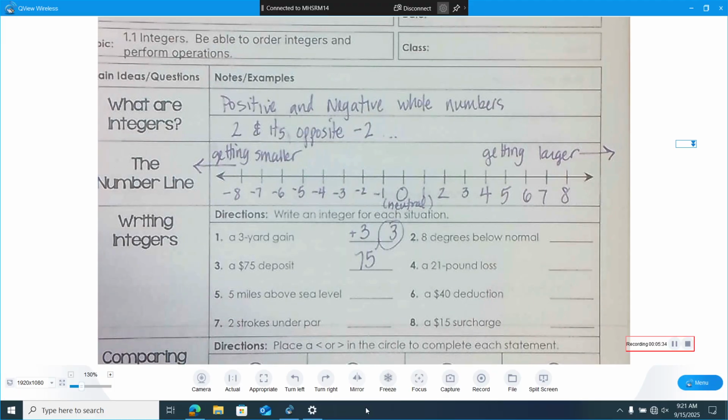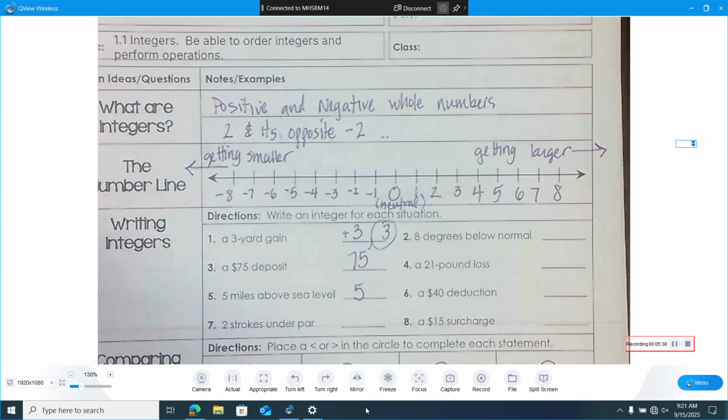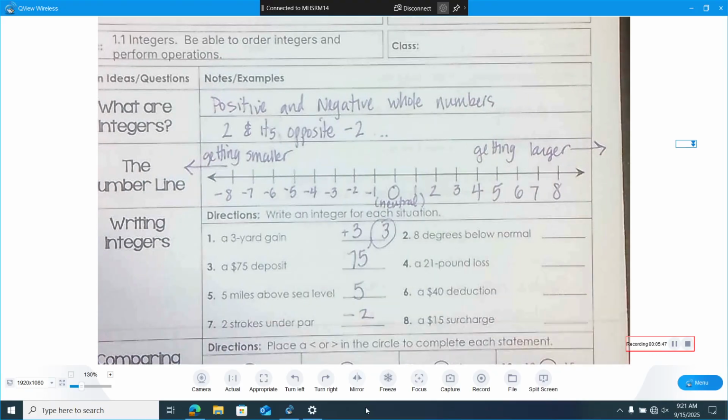And if you're above sea level, that's going to give you a positive number. So positive 5. Oh, 2 strokes under par. -2. Very good. Again, par we sort of consider neutral when we're golfing. And so to be under par would be below 2 strokes, which would be really nice. I've never been there myself, but who knows.